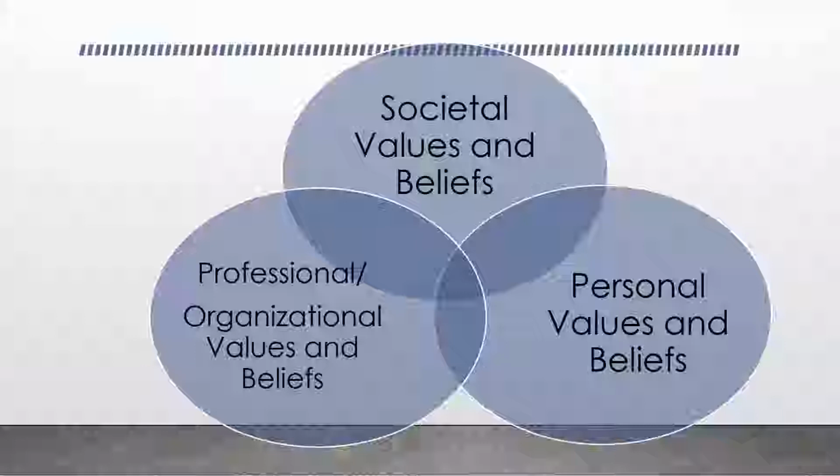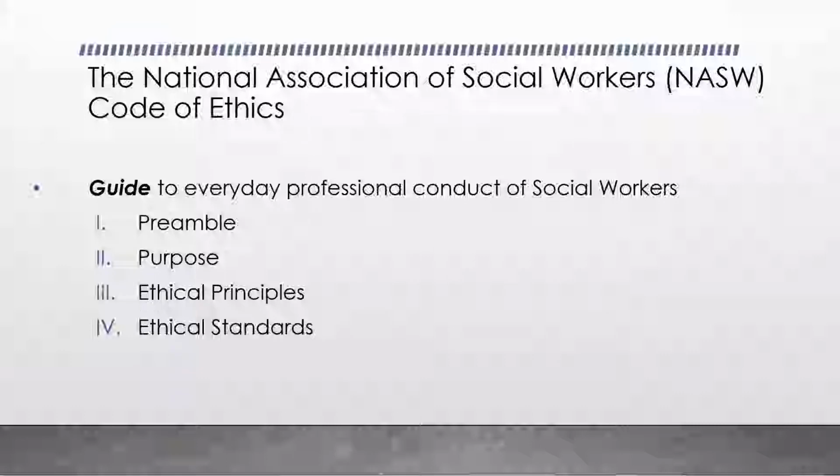We're going to talk a little bit about some of the ethical decisions and ethical decision making as we go through this e-class. So as social work professionals, we have a code of ethics which lays out our values as well as the ethical principles and standards that guide our practice. And so the code of ethics for social workers includes our preamble, which kind of gives the overview of social work, our purpose, our ethical principles, and our ethical standards.